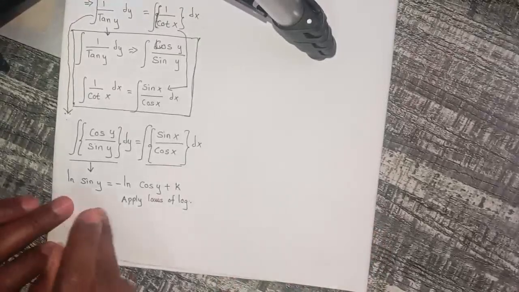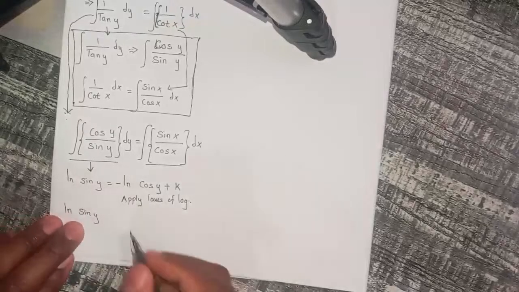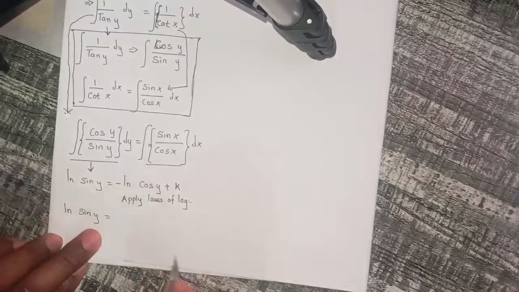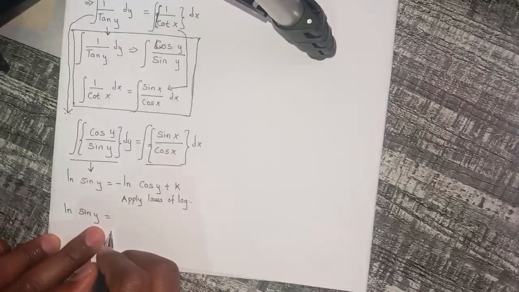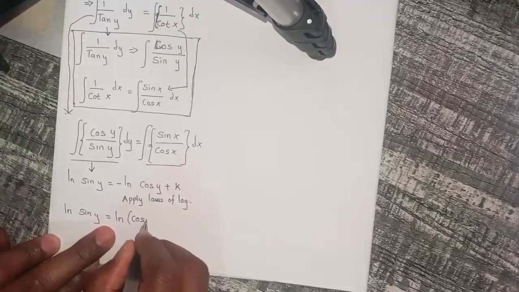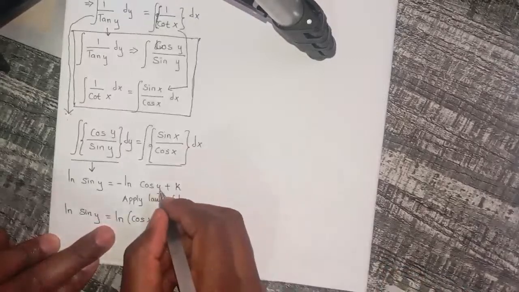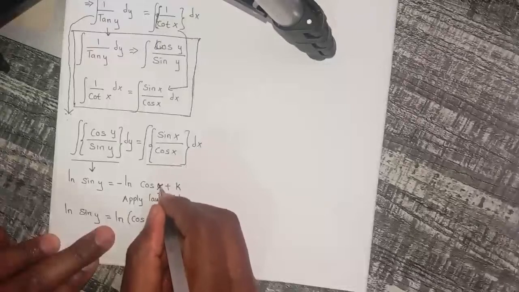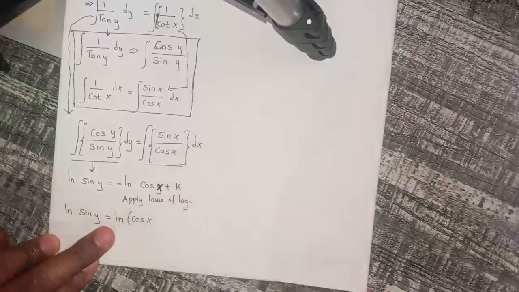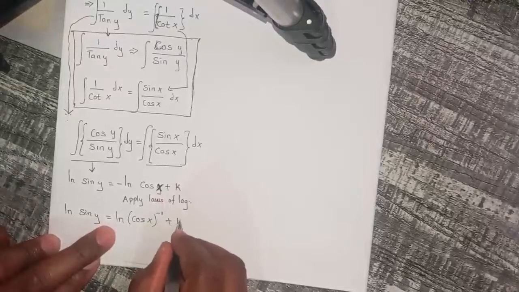And this is simply affirming that this is the natural log of sin y being equal to the ln of cos of x, and this is not y, this is x, so change that to x, cos of x, close the bracket, to the power of -1 plus constant k.